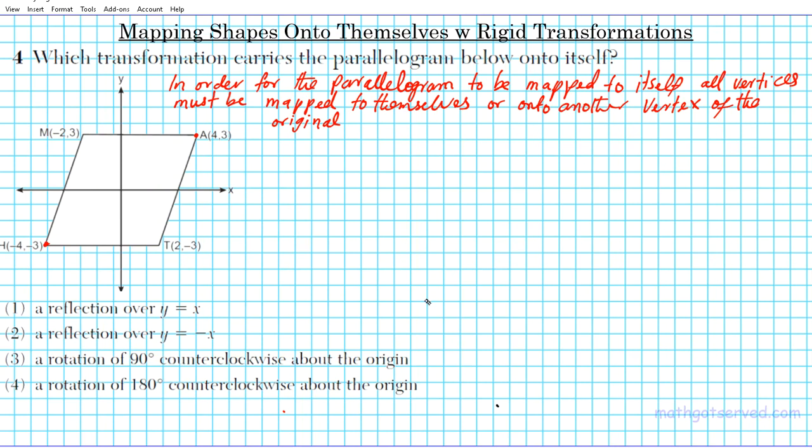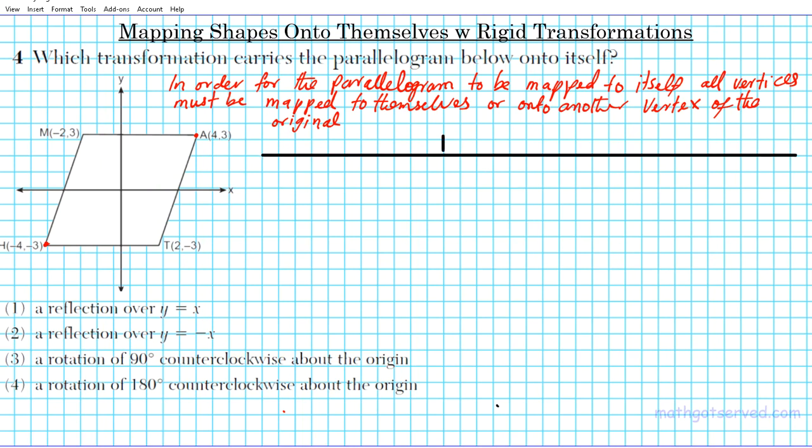So let's go ahead and carry out these 4 transformations on this parallelogram right here, and see which one generates a map that takes this parallelogram onto itself. To get us started, we're going to make a table so we can keep our work organized.